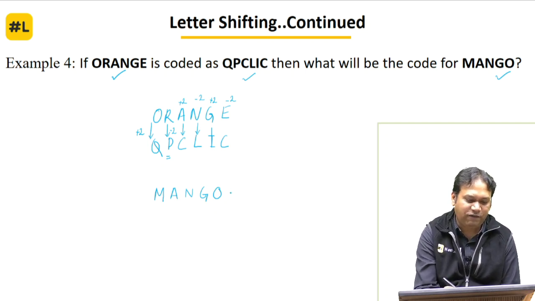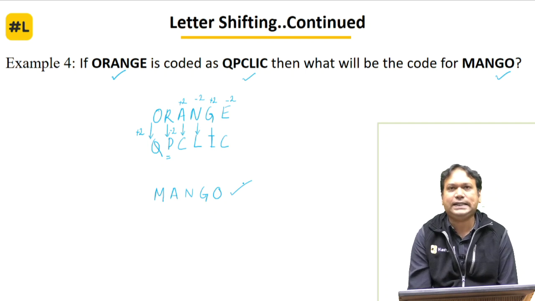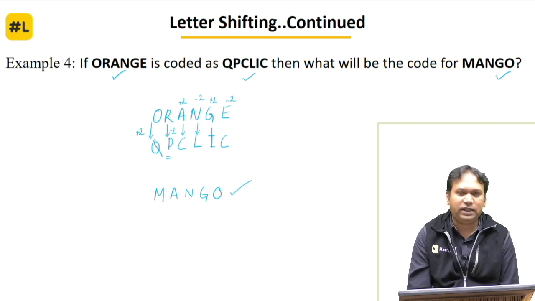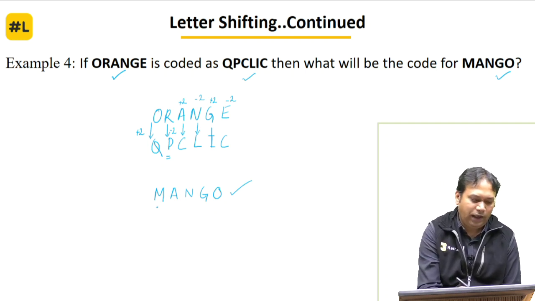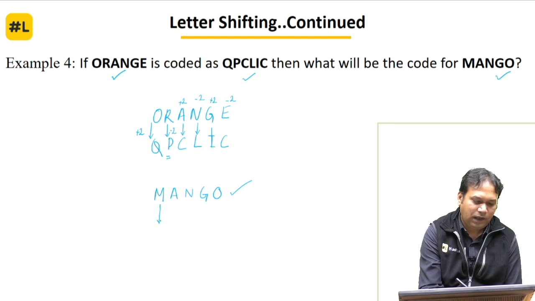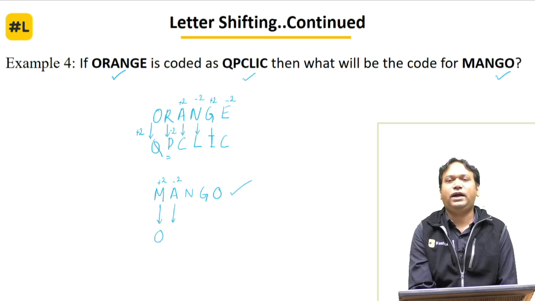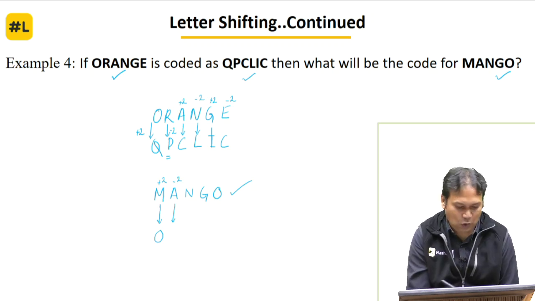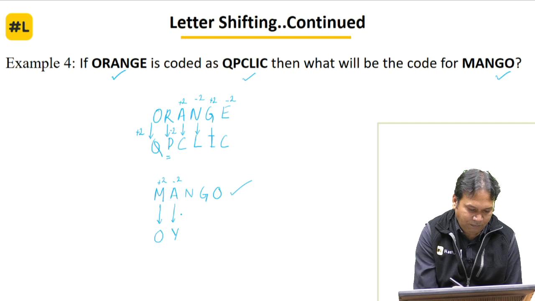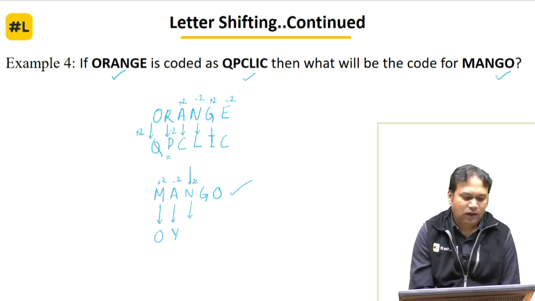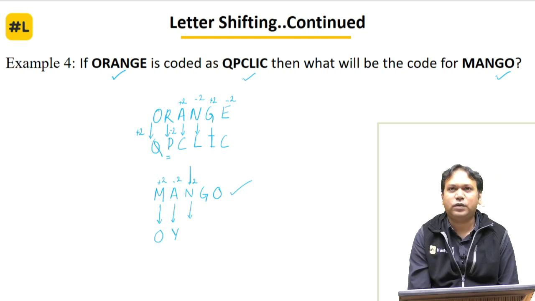So, now if we apply the same technique with the word mango, what will be the answer? M plus 2, N, O. A minus 2. So, what comes before A? Z, right? And what comes before Z? Y. Then N plus 2. What comes after N plus 2?